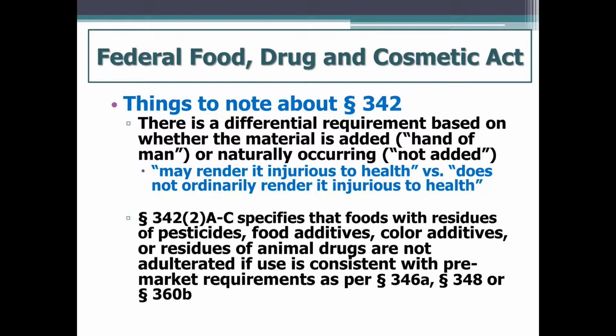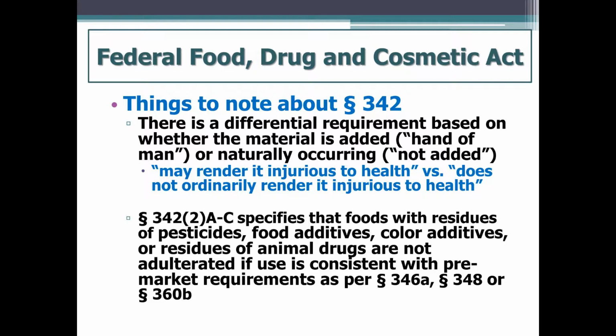And the key word there is may. As opposed to the non-added substances, where it does not ordinarily render the food injurious. And this is a huge difference when you're talking about the toxicology of these compounds.